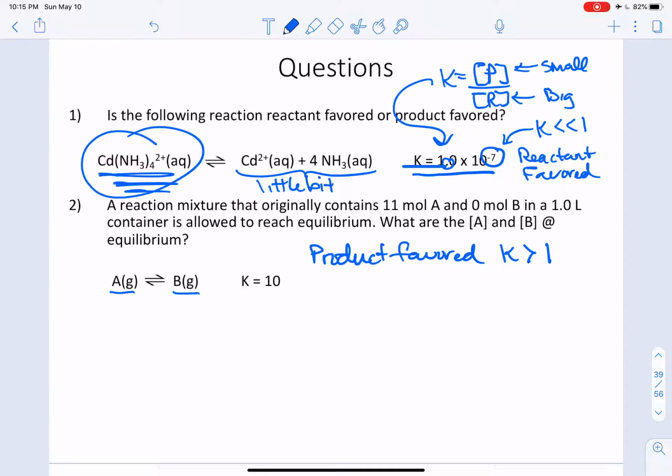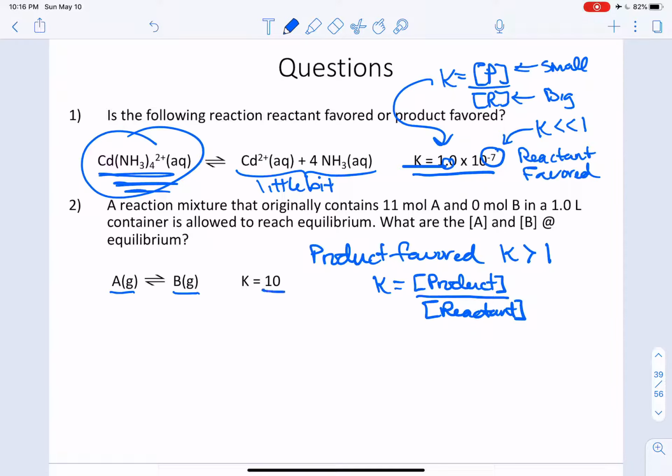Now, what are the concentrations of A and B at equilibrium? Well, if I write K out a different way, if I say K is equal to the concentration of product over the concentration of reactant, you guys can see that we've got a numerator and a denominator. Now, sometimes when we just have a whole number, we forget that there is a denominator there.